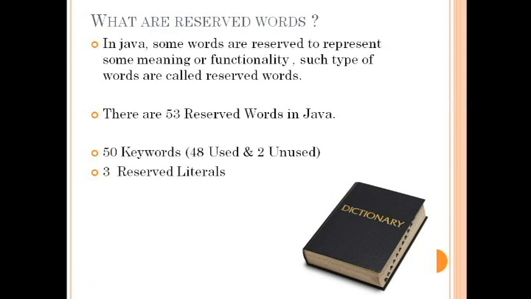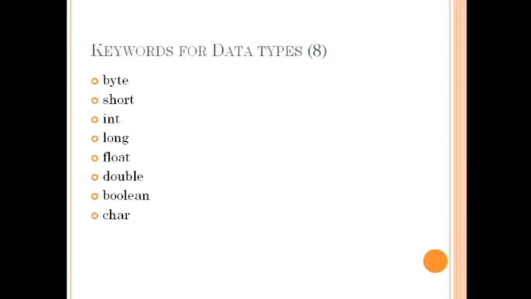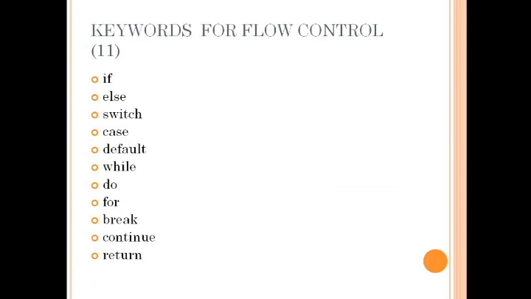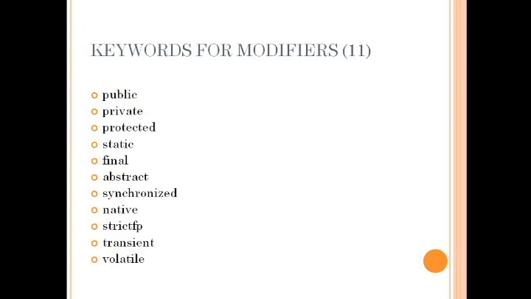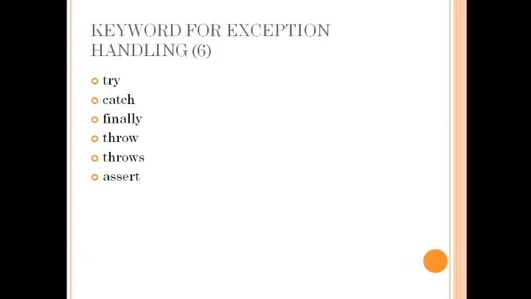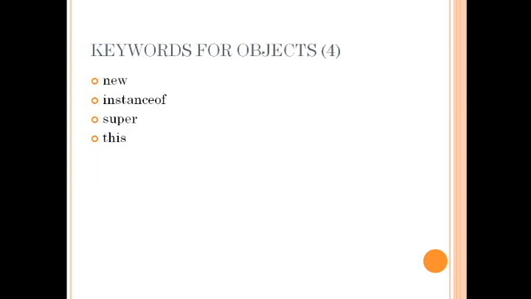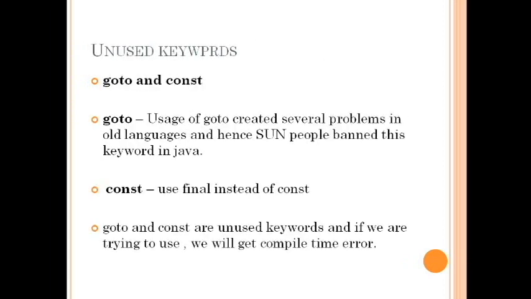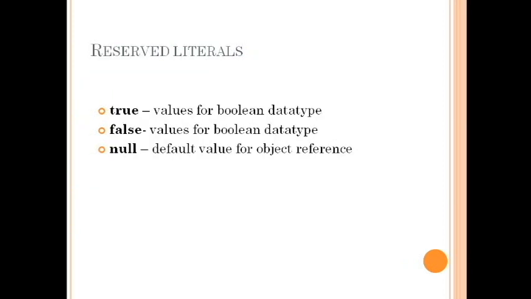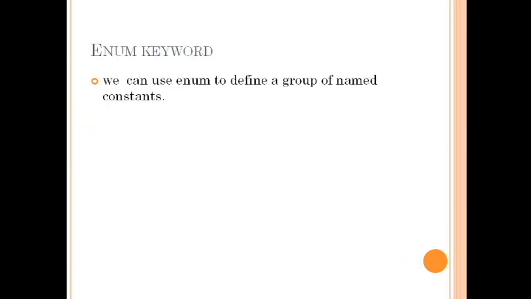So there are 53 reserved words in Java, out of which 50 are keywords and 3 are reserved literals. 8 keywords are used for data types, 11 for flow control, 11 for modifiers, 6 for exception handling, 6 for class, 4 for objects, 1 void keyword, 2 unused keywords, and 3 reserved literals, plus 1 enum keyword.